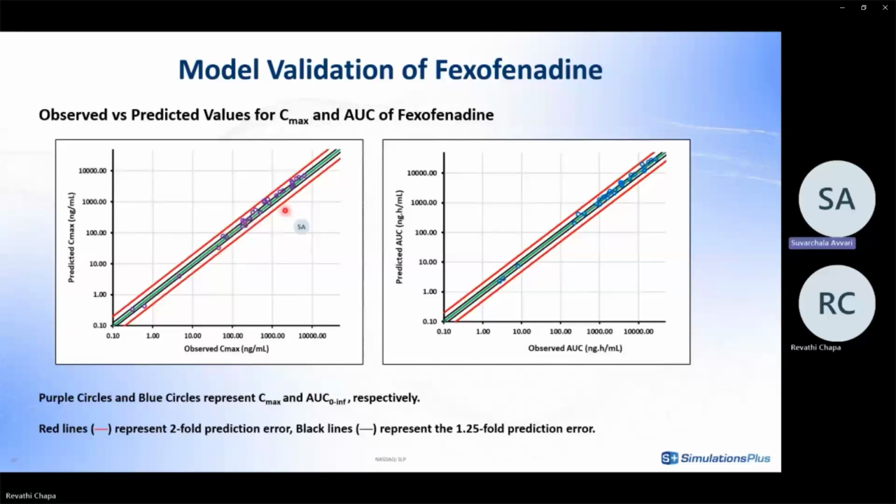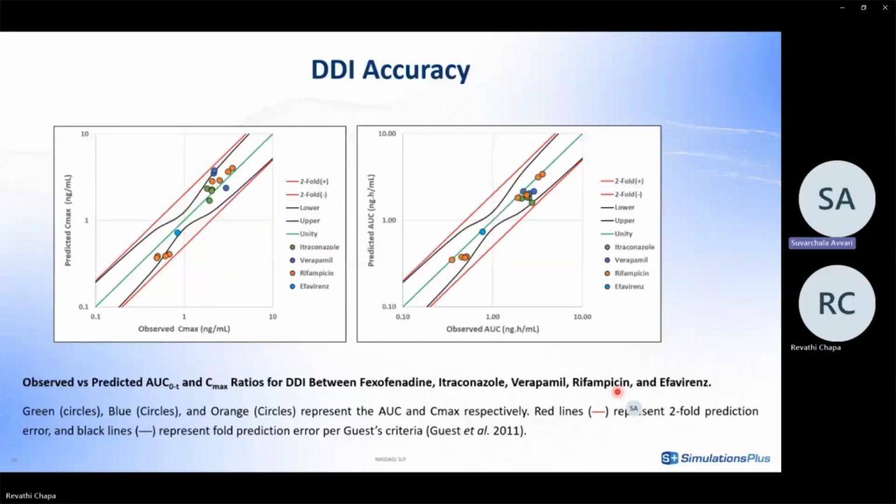When we look at the overall performance of the baseline model, for most of the studies, the predictions are close to the unity, and at least for 70% of the studies, the predictions are within the BE limits, which is 1.2-fold prediction errors.